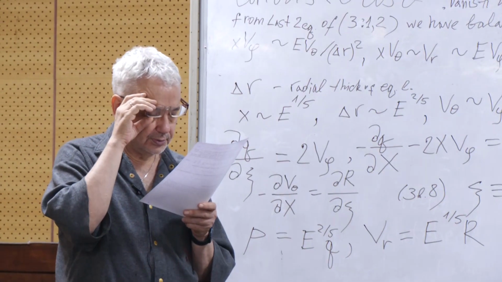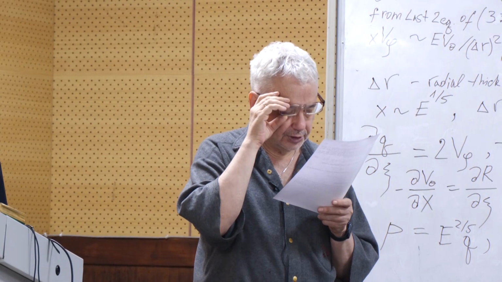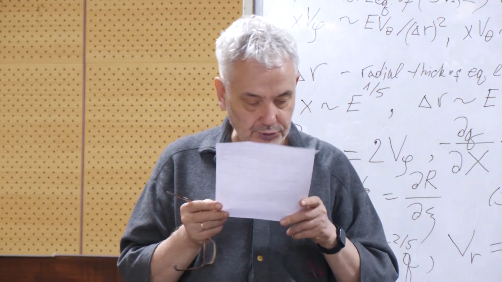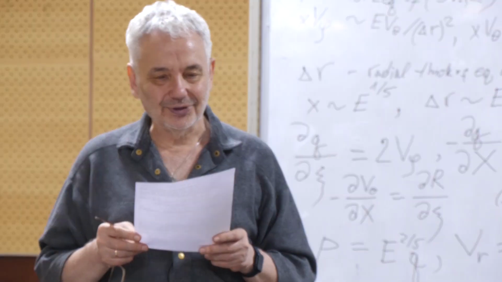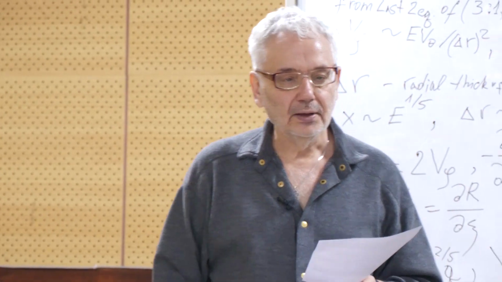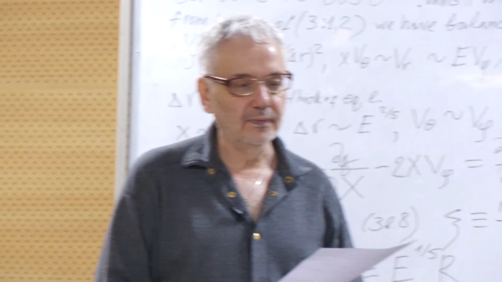This flow is named the Proudman-Stewartson flow, and we are now near the final paragraph of all this course. Not all this course, of course, but all these things which are connected with the simplest differential rotation.